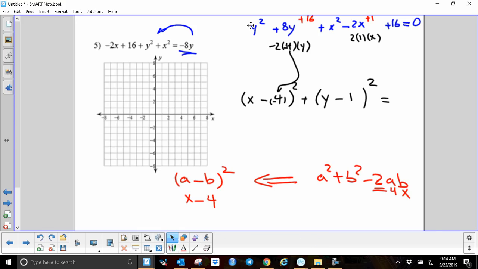And then my equation would become, I added 17, so I need to do the same thing, 17 here, right? Don't forget about the 16 that you had. Here you have 17 plus the 0 you had.